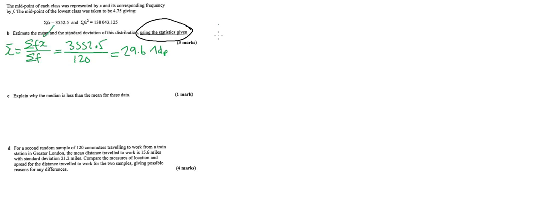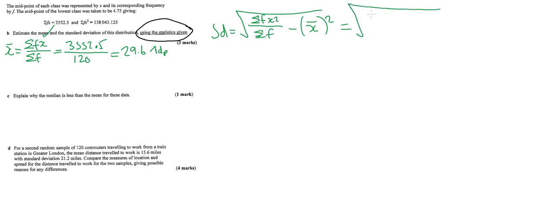Okay, now we need our standard deviation. We know the standard deviation is the square root of the sum of fx squared, which we were given. Let's write the formula anyway: the sum of fx squared over the sum of f. We subtract from that our mean squared, which we've already calculated. Right, so the square root of 138,043.125.